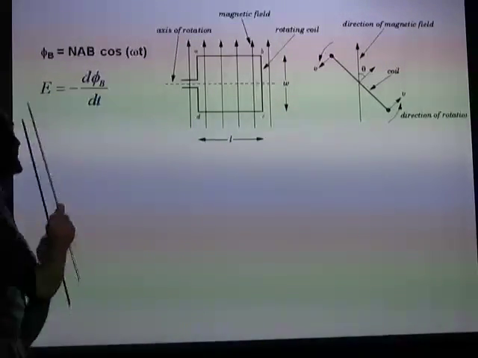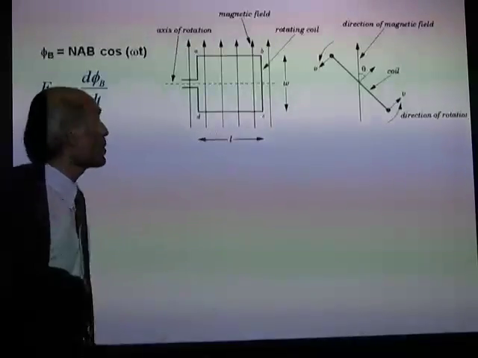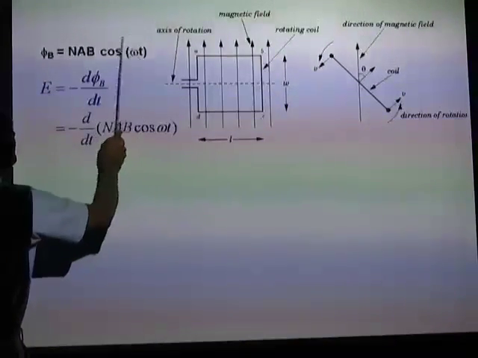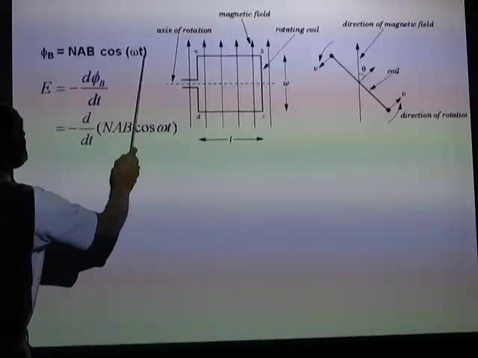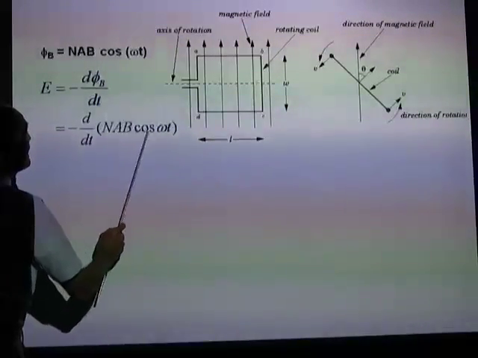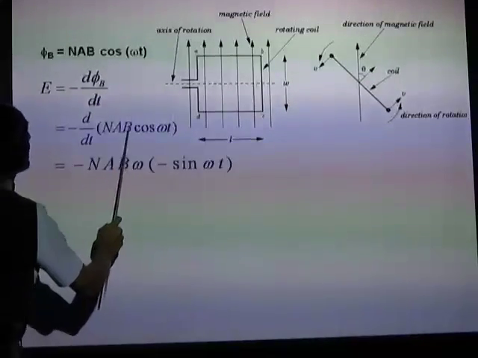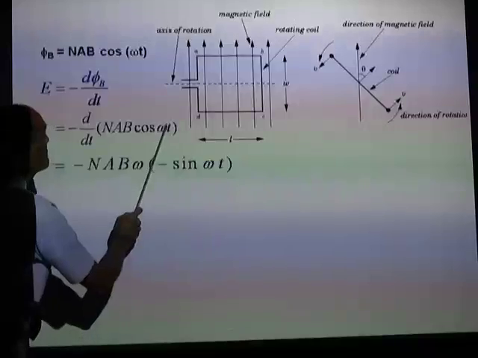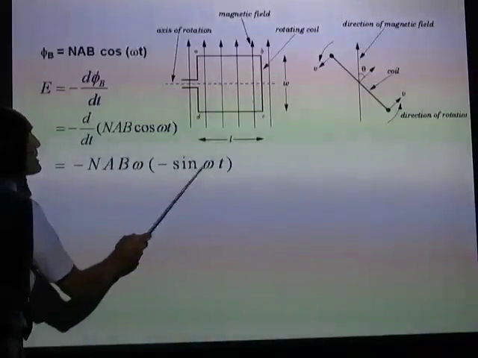Of course, the negative sign comes from Lenz's law. Now, that means the derivative of this quantity with respect to t, NAB is a constant, and the derivative of cos omega t will be negative omega sine omega t.